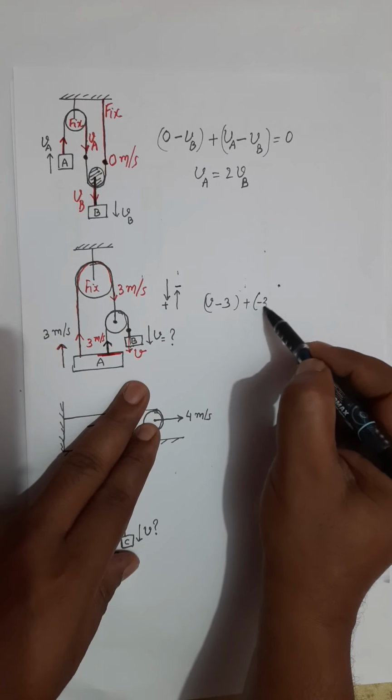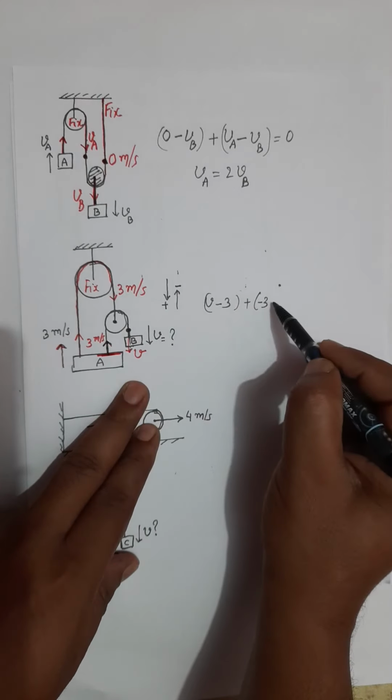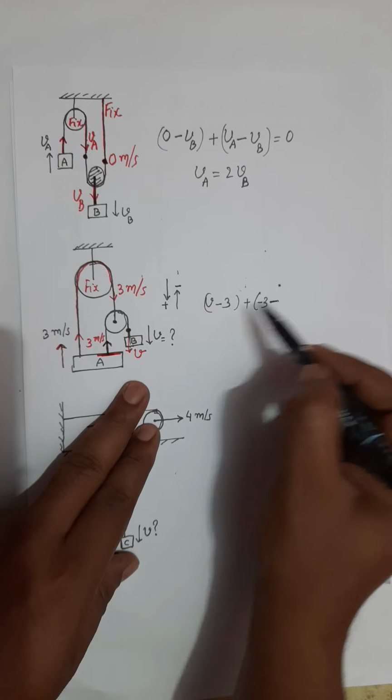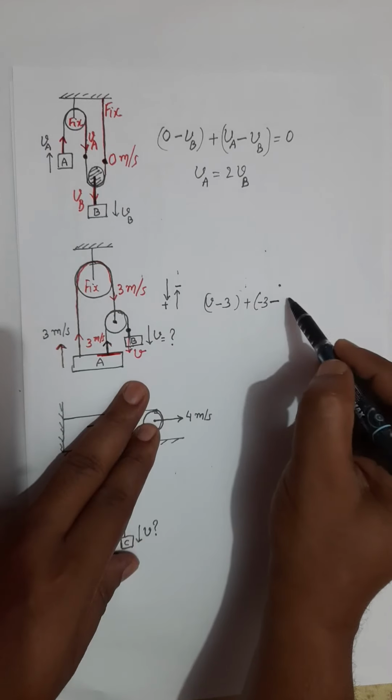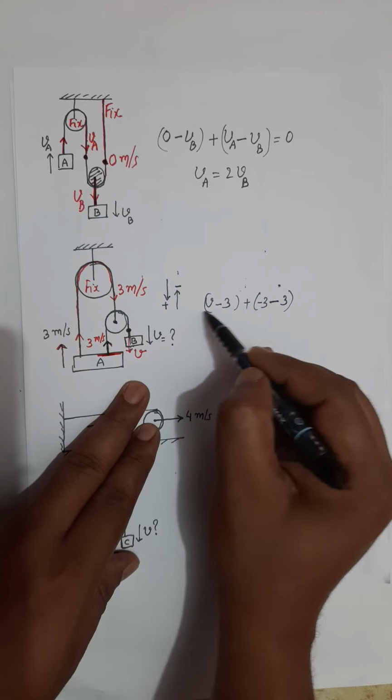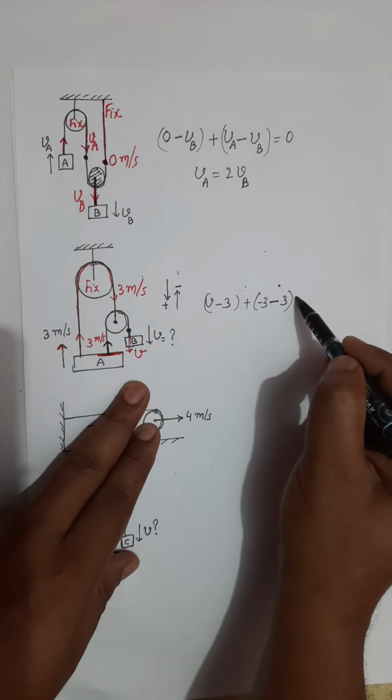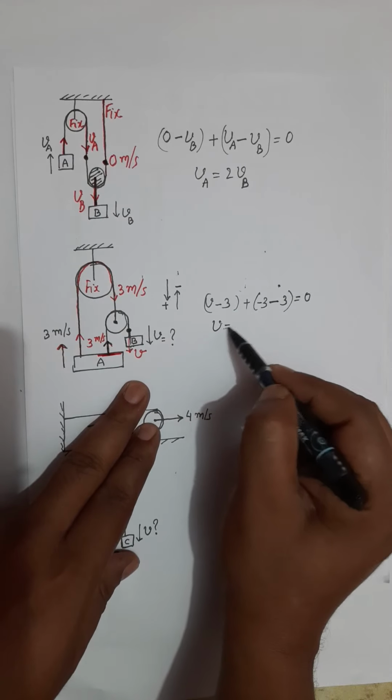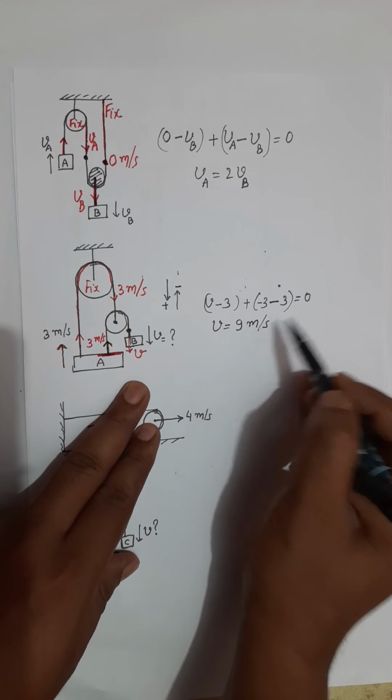So you will put minus 3, and now to convert it into relative velocity you have to subtract the velocity of this pulley which is 3, and the sum of relative velocities on both sides will be 0. You directly get V equals 9 meter per second.